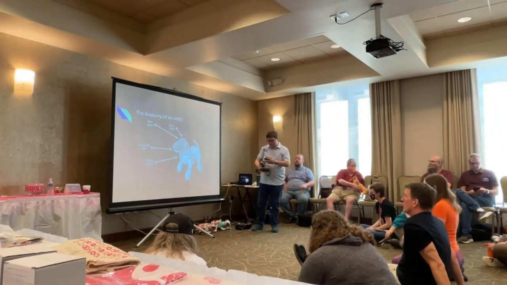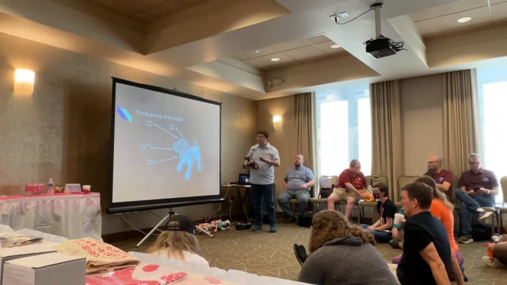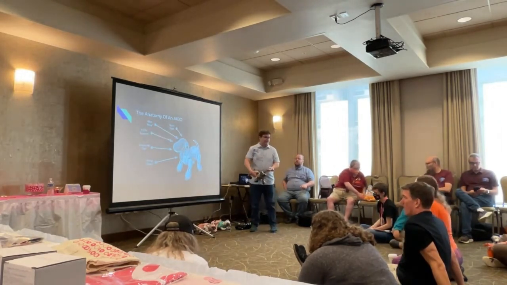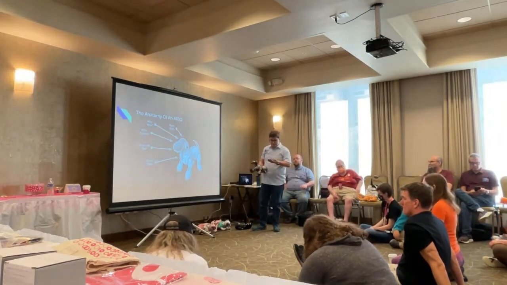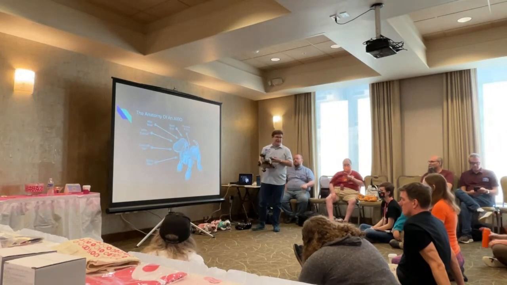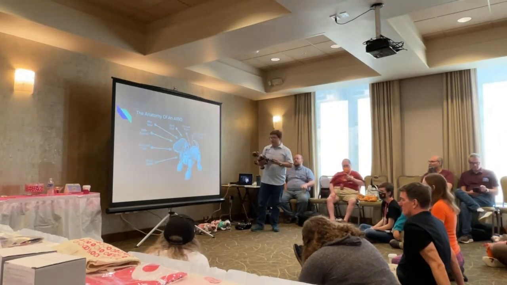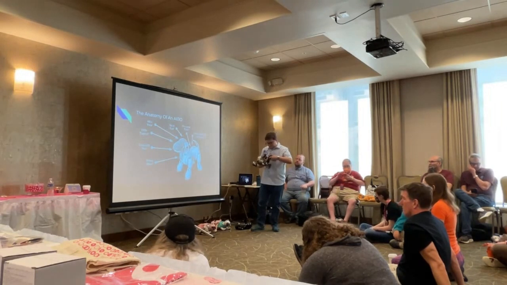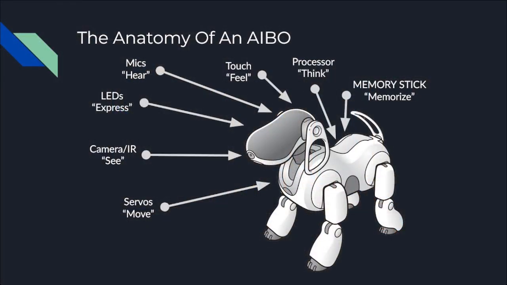Buttons and capacitive sensors all over its body for input. LEDs, like the face of an ERS-7, for expression and output. The processor inside the AIBO for processing things, and also the storage in the form of a memory stick. I apologize, there's no better way to show where the storage goes. That's up to your imagination.